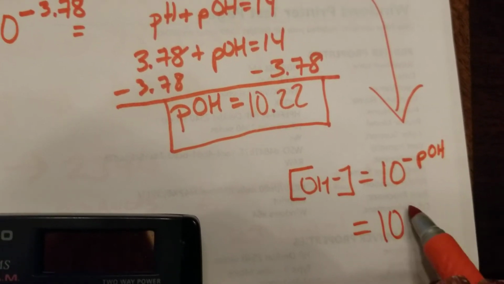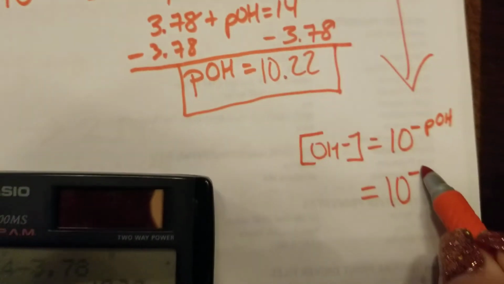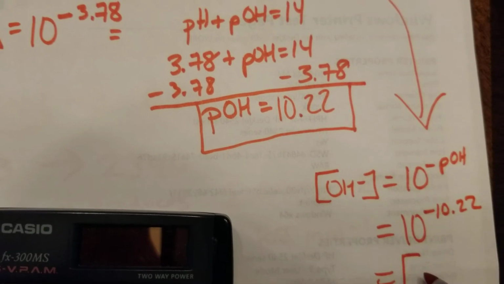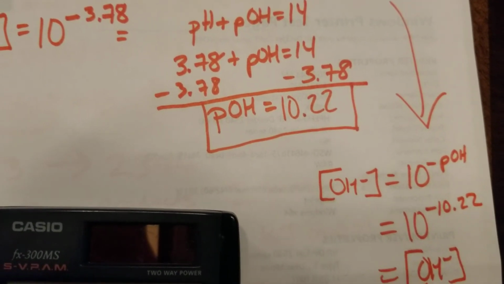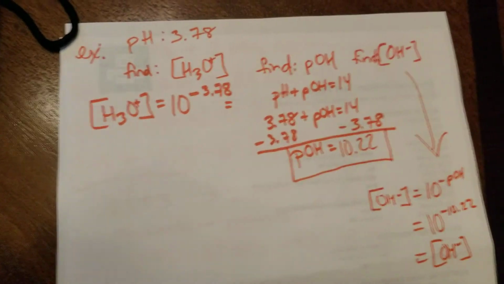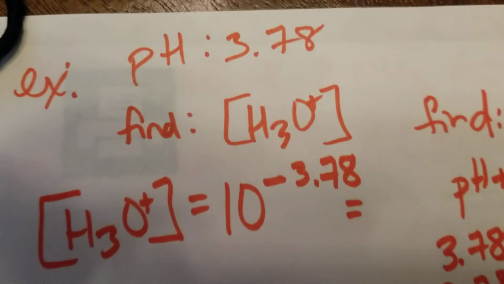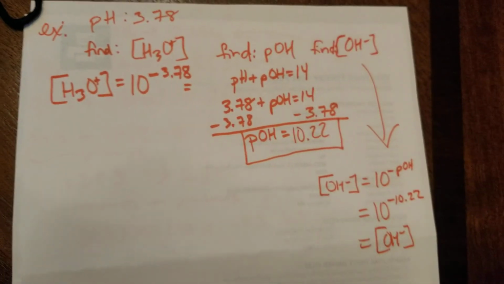So 10 raised to the negative 10.22. And that's going to give you the concentration of OH minus, whatever that is. Okay? So that's how you do those. You can be given any one of these 4 values, and you can find the other 3 using these equations.